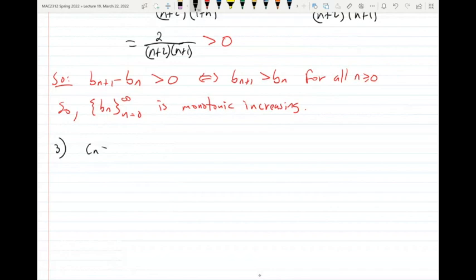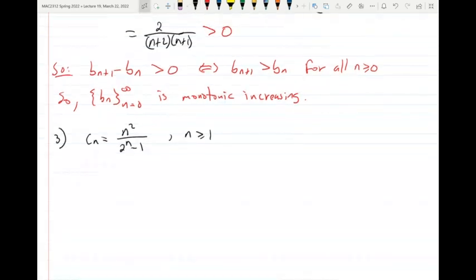Let's say Cn is going to be a sequence given by n squared over 2n minus 1, for n greater than or equal to 1. Again, if we try to do the algebra, it could get a little bit ugly rather quickly. But let's try to list some elements, because it's always good to list some elements.